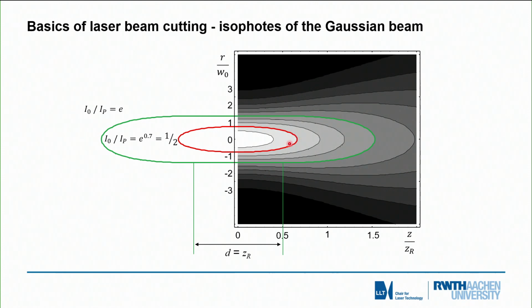The Rayleigh length is, so to say, the focusing depth of the beam, and this usually is matched to the cutting thickness by 1:1, which means that we choose the focusing of the laser beam such that the isophote where the intensity drops to about 1/2 corresponds to the Rayleigh length, which is the dimension of the cut that we want to perform in terms of material thickness.